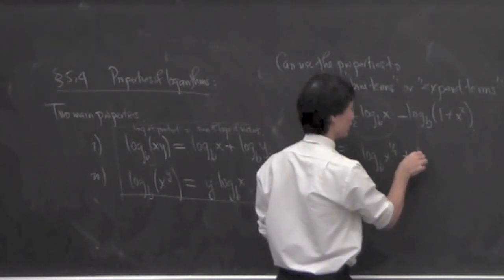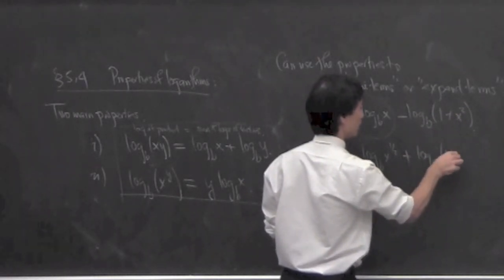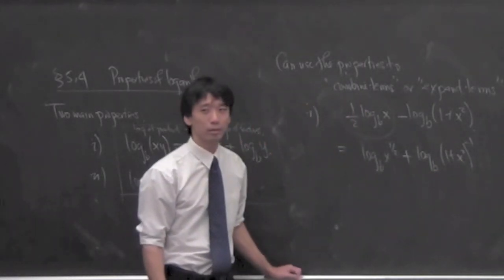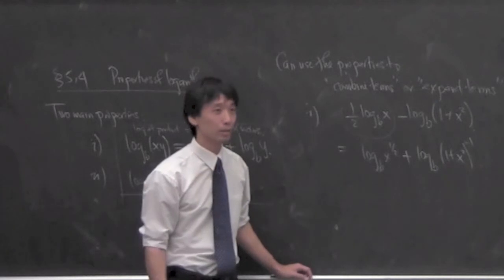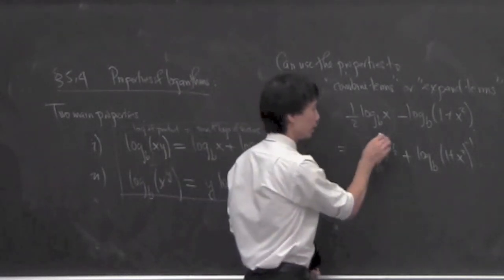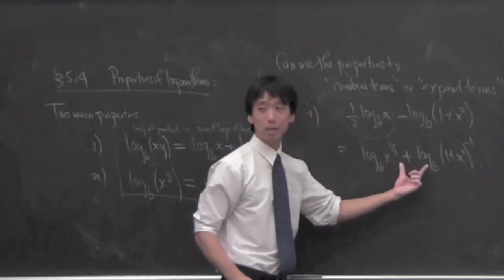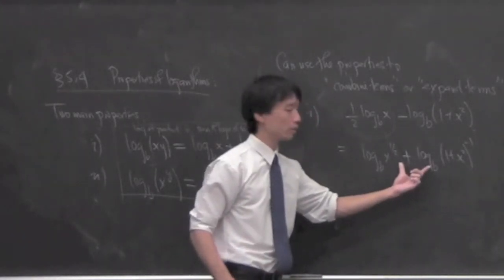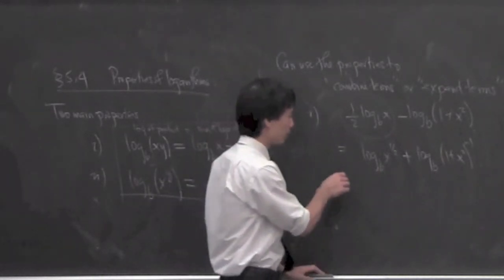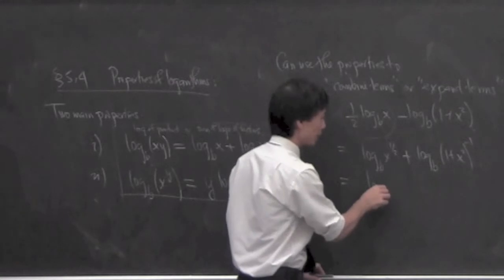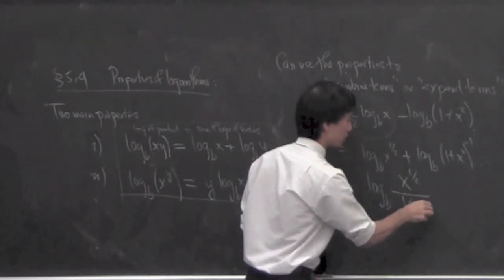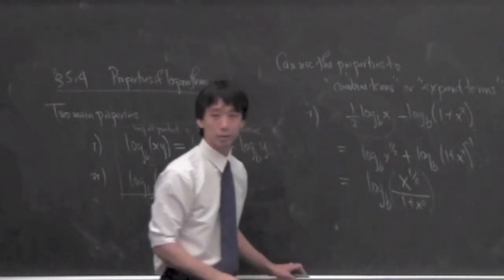So this is plus log base b. You don't have to do this one, but you could. And so now we've got the sum of two logs. The sum of logs turns into the log of the product.